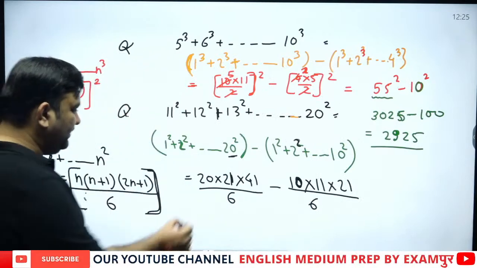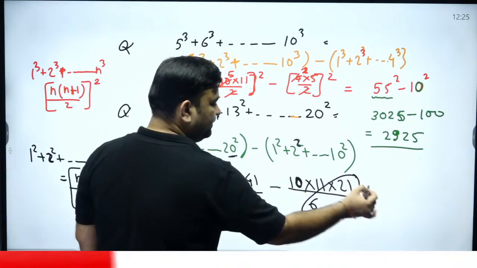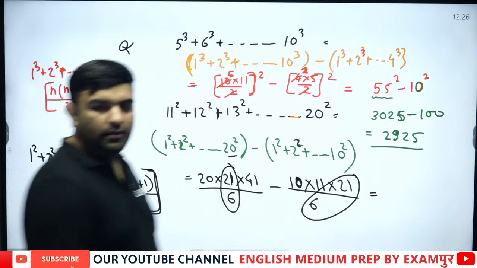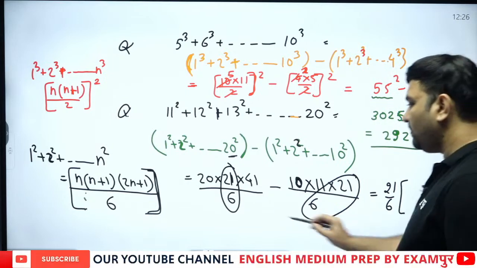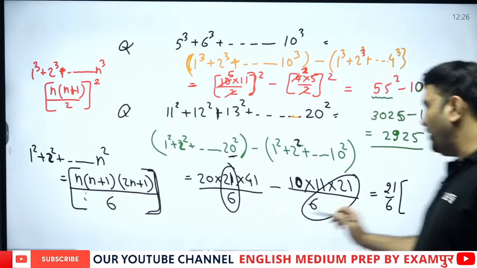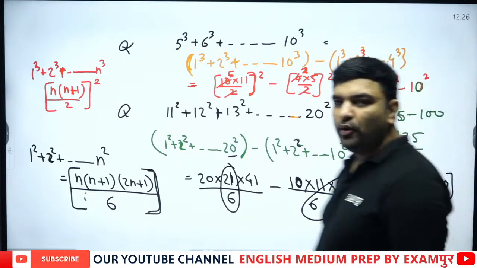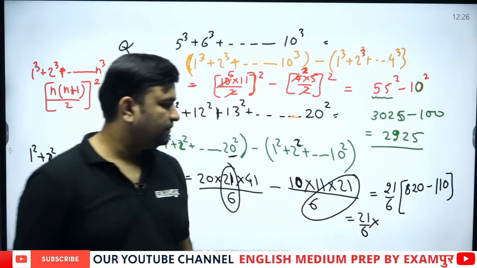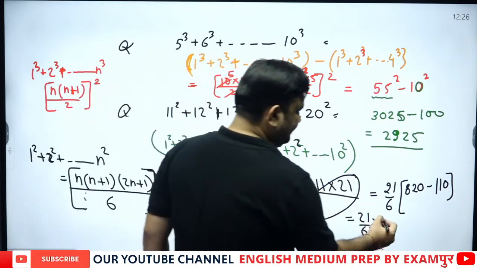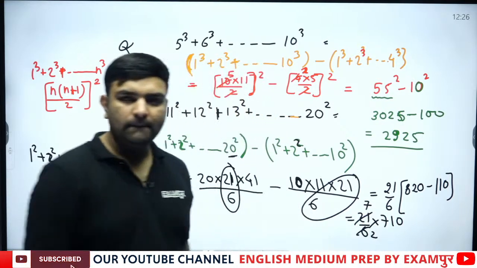So, can I take 21 by 6 common? I can. So 21 by 6 is common, and inside we have 820 minus 110, which is 710. 21 by 6 into 710. 3 2s are 6, 3 7s are 21.